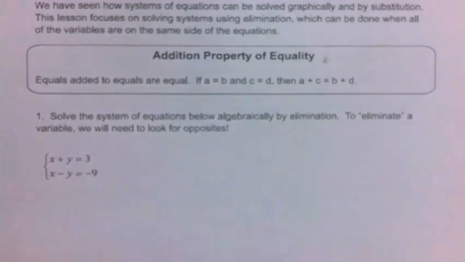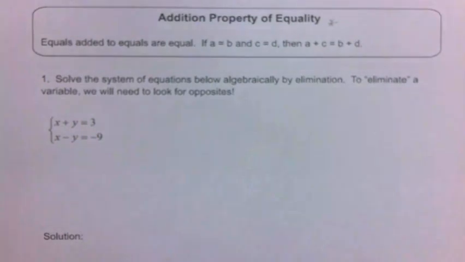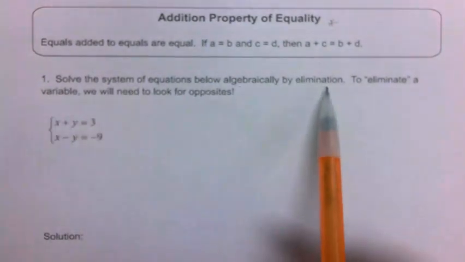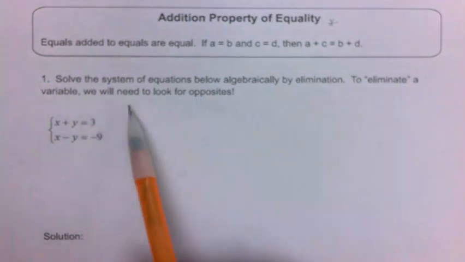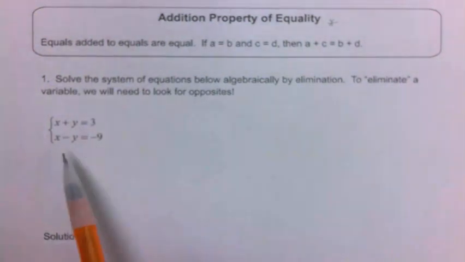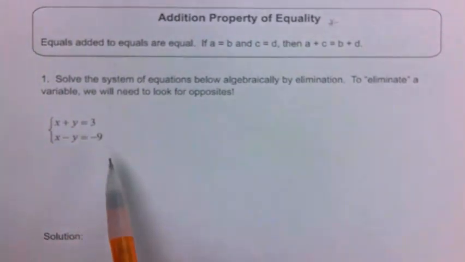All right, in this first example, the system is x plus y equals 3, and x minus y equals negative 9. We're going to solve the system of equations algebraically by elimination, and to eliminate a variable, we need to look for opposites. So I'm looking at my two equations in my system here, and I'm going to see if I have any opposites.